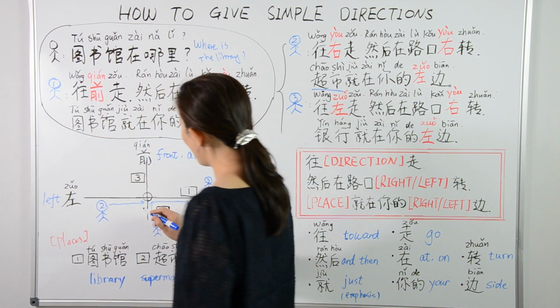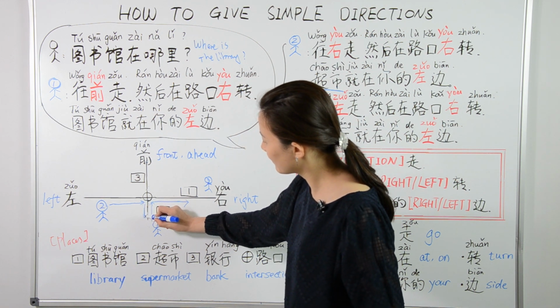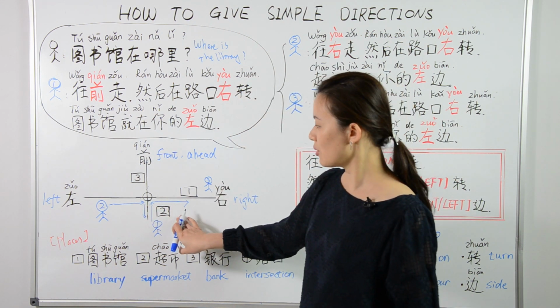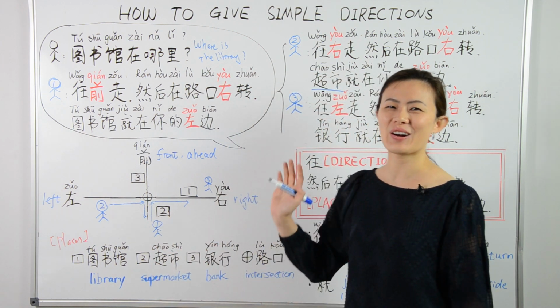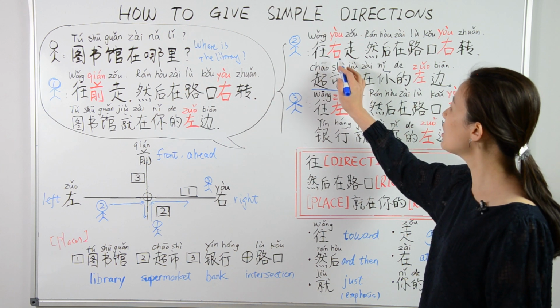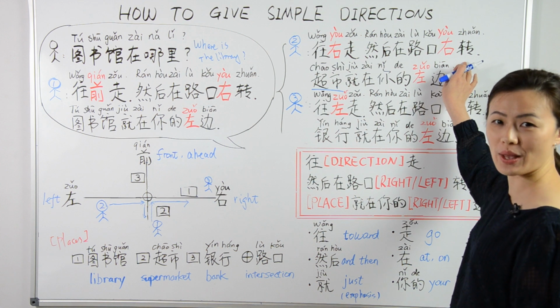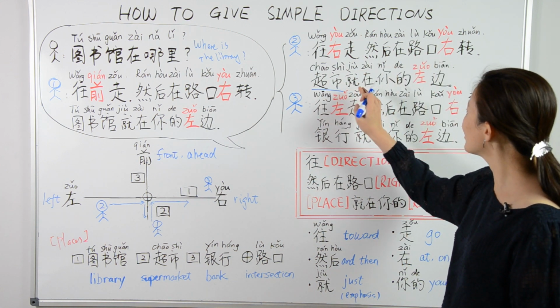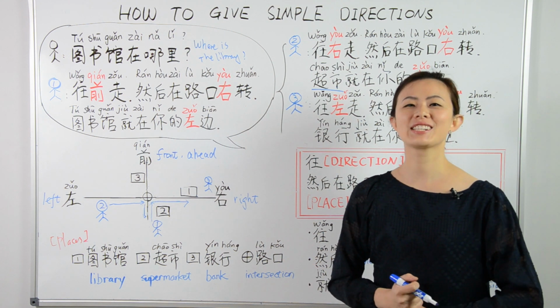So 然后在路口右转。超市就在你的左边. All together: 往右走，然后在路口右转。超市就在你的左边。That's how you get to 超市.